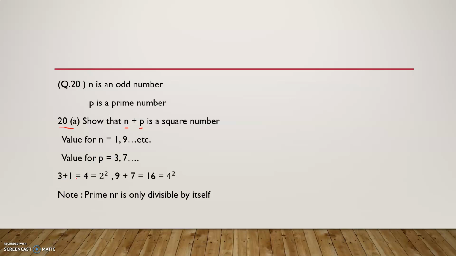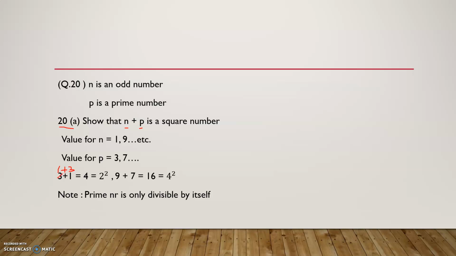If we put the value for n equals 1 into this equation, and then p equals 3, so that would be 1 plus 3 would be 4. It should be the other way around, it should be 1 plus 3.